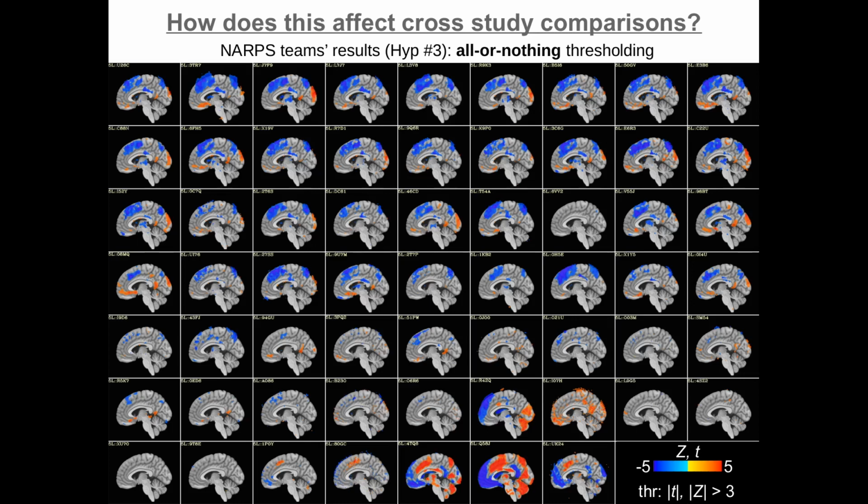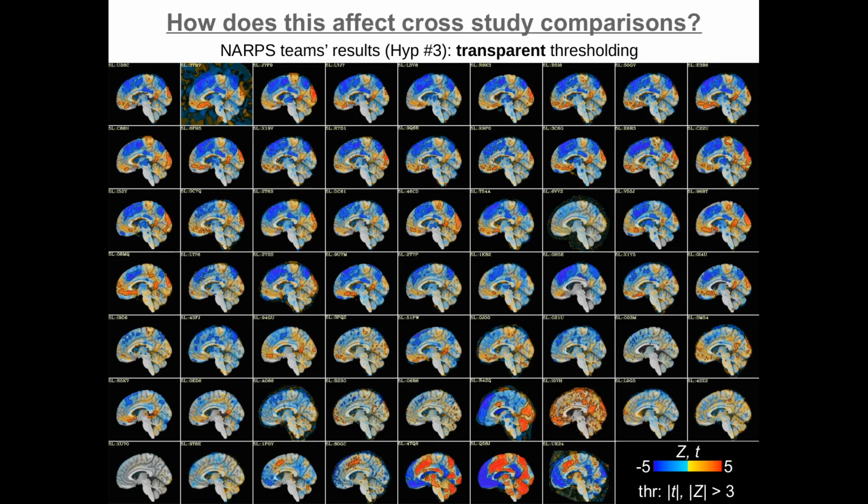Okay, but let's take a look at these results, applying one of our lessons that using transparent thresholding is more informative. So this is the same set of results with transparent thresholding applied. What is your visual impression of this now? Well, look here.